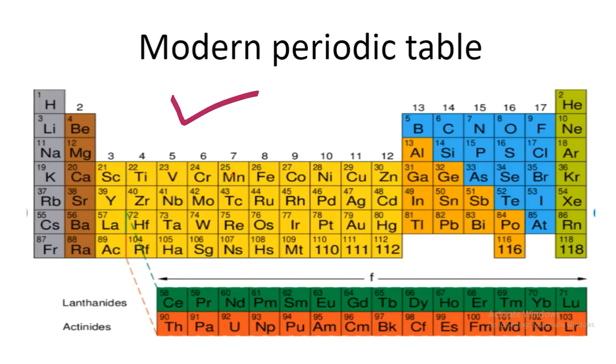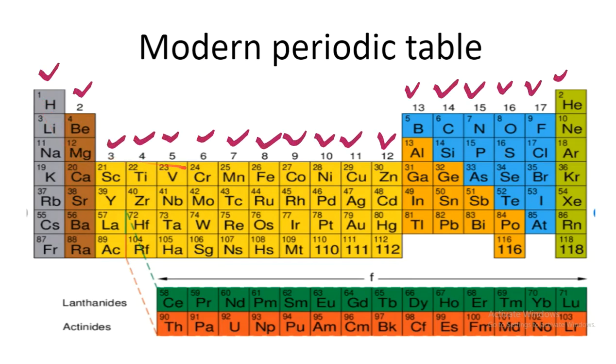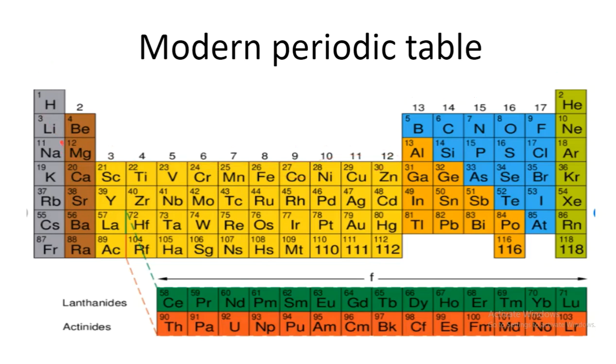So this is the modern periodic table. As you can see, there are 18 groups here, 1, 2, 3, 4 and so on. It is divided into 4 blocks. The first one is the s block, and the second one is the p block, on the right side.